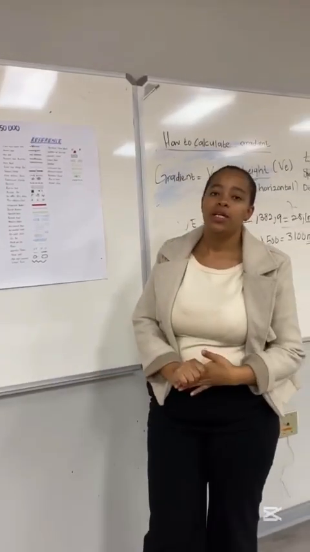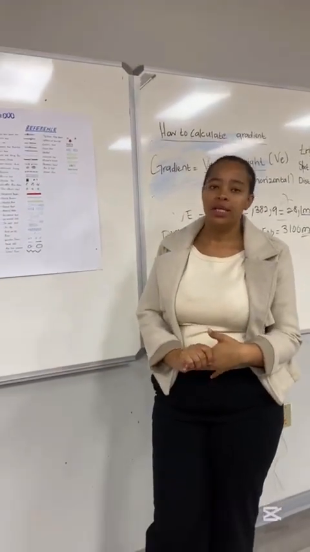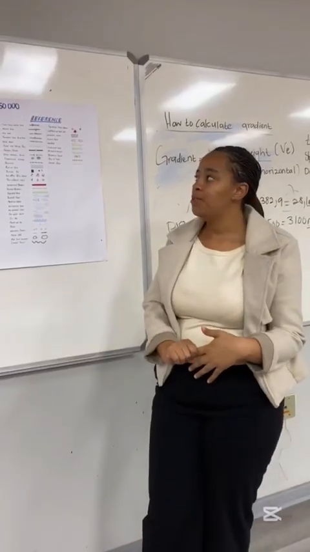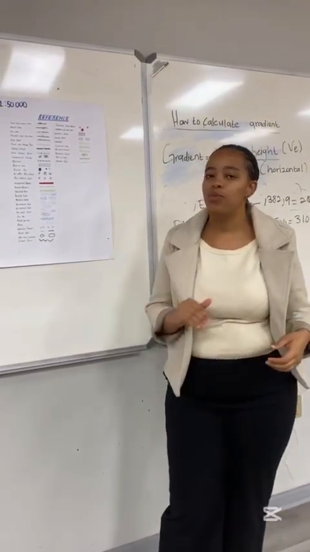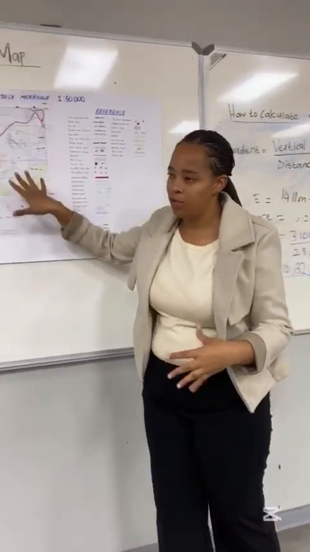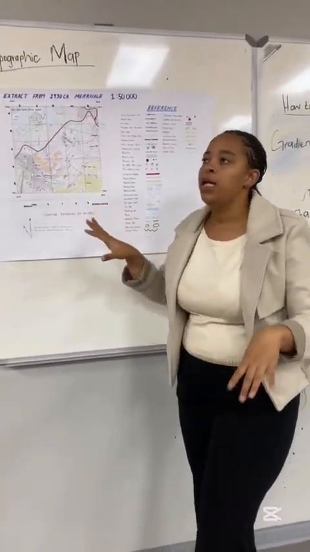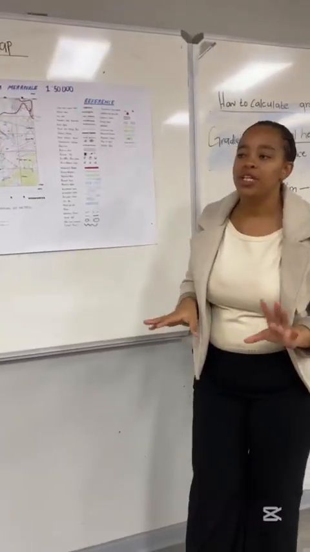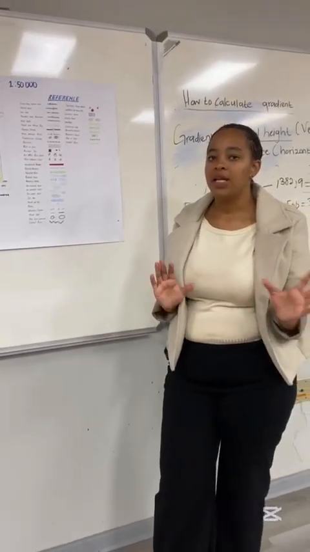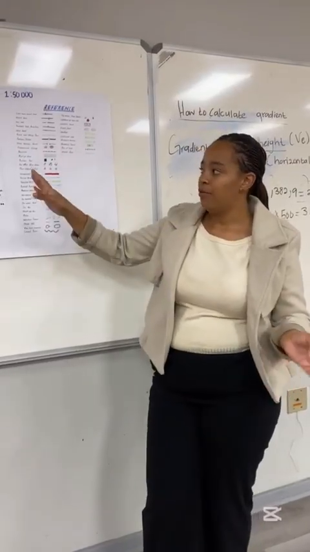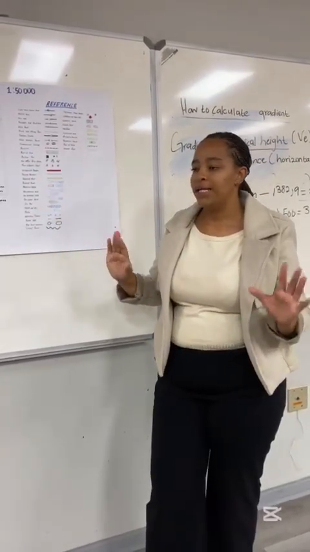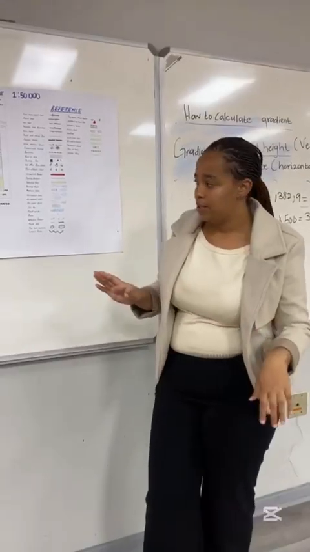So now, boys and girls, we are approaching the end of our lesson. But before we end, I'd like us to focus on the characteristics that we have on our topographic map. On a topographic map, we usually have different kinds of characteristics or landforms, which are indicated by our contour lines.